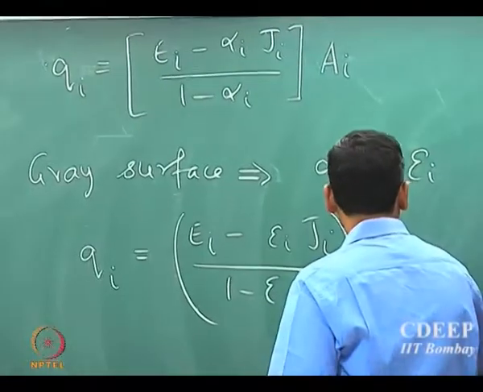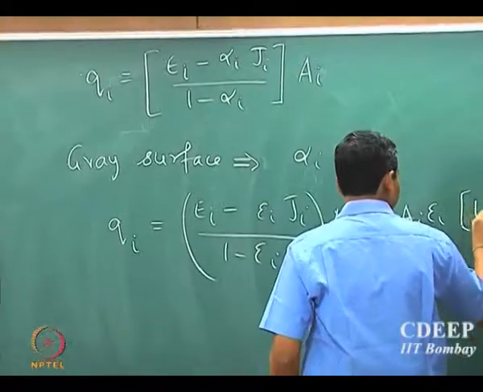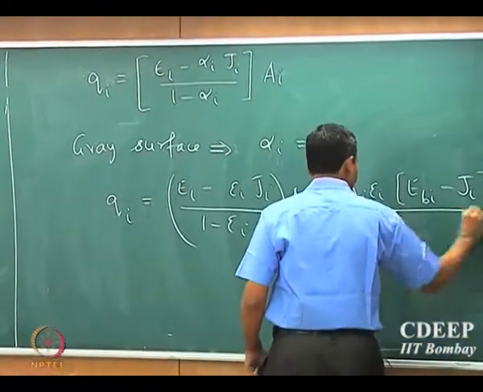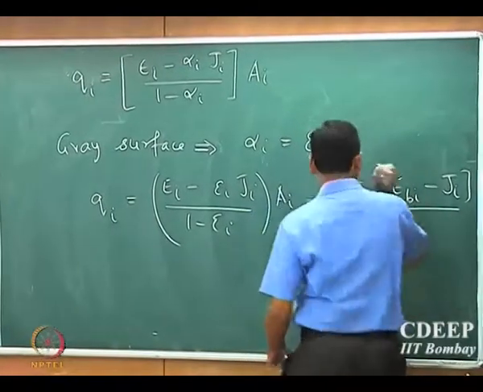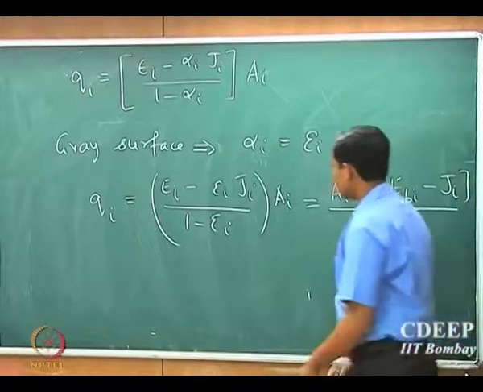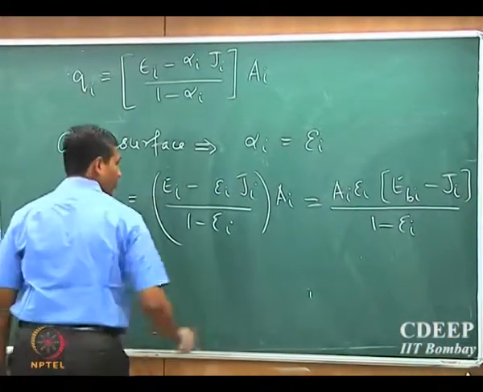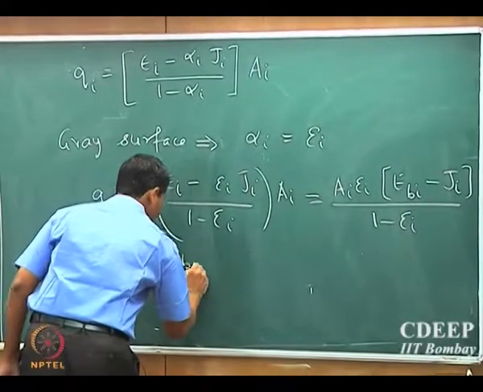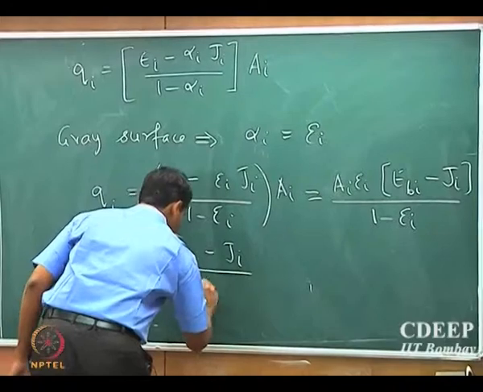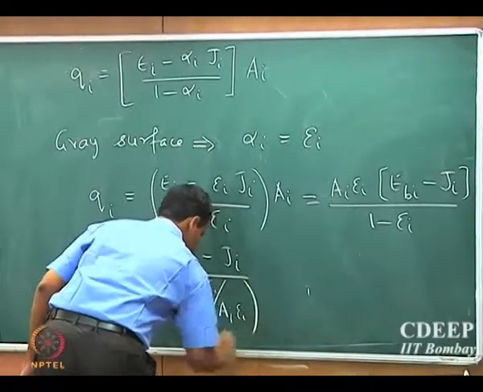So we can write this as Ai epsilon i into Ebi minus Ji divided by 1 minus epsilon i. We can rewrite this as Qi equal to Ebi minus Ji divided by (1 minus epsilon i) over (Ai epsilon i).